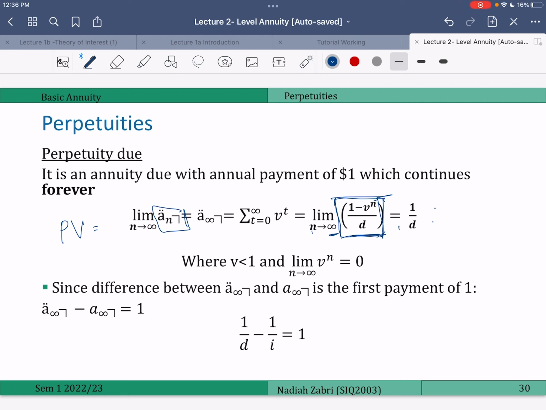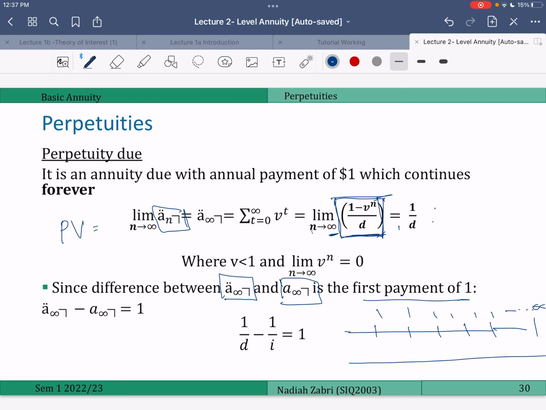So the difference between A double dot angle infinity and A angle infinity is the first payment. Do you see that? For a perpetuity immediate, the payment is as follows: 1 1 1 1 1 1 until infinity.